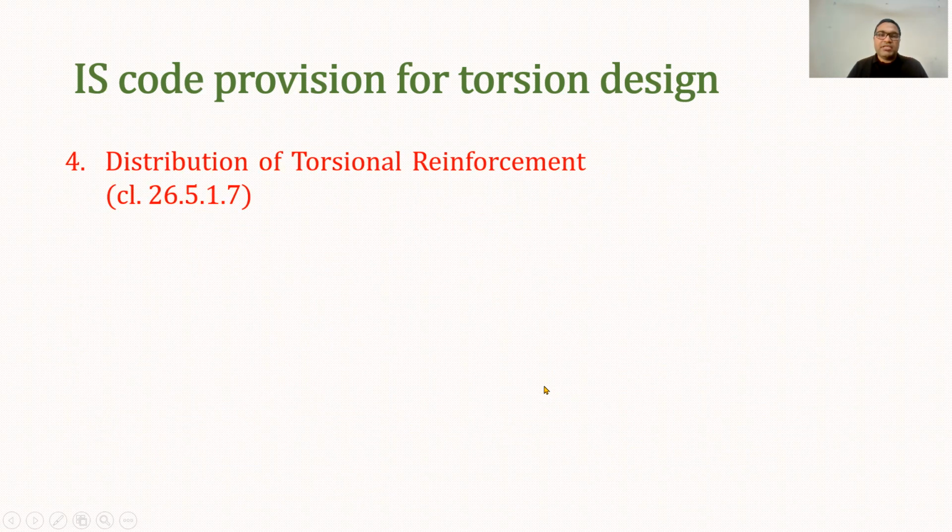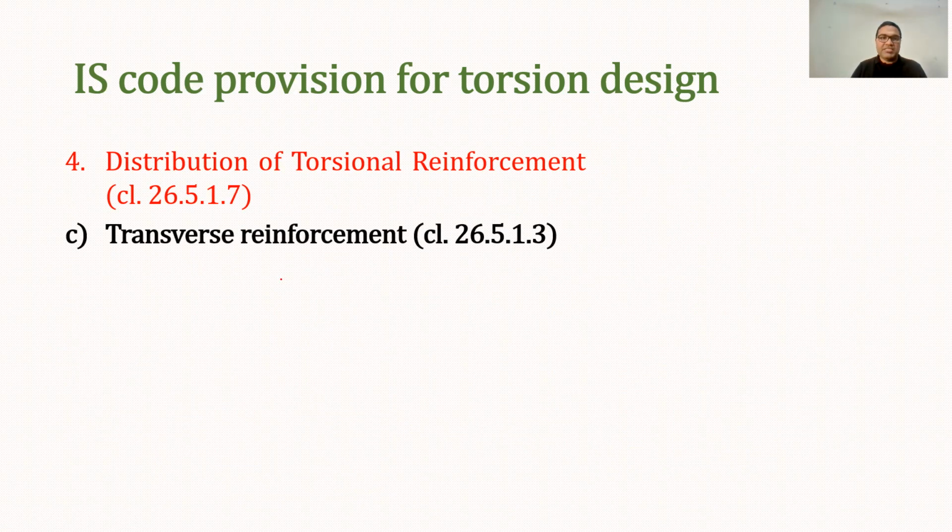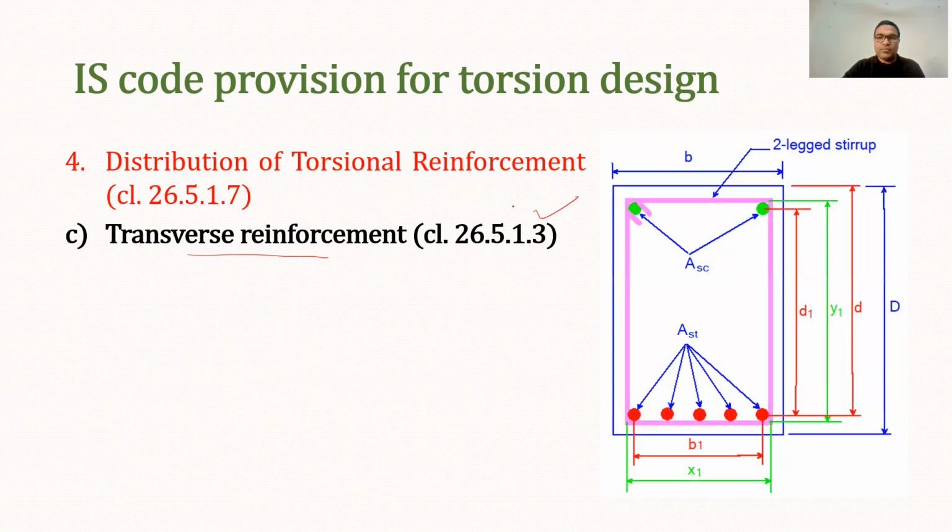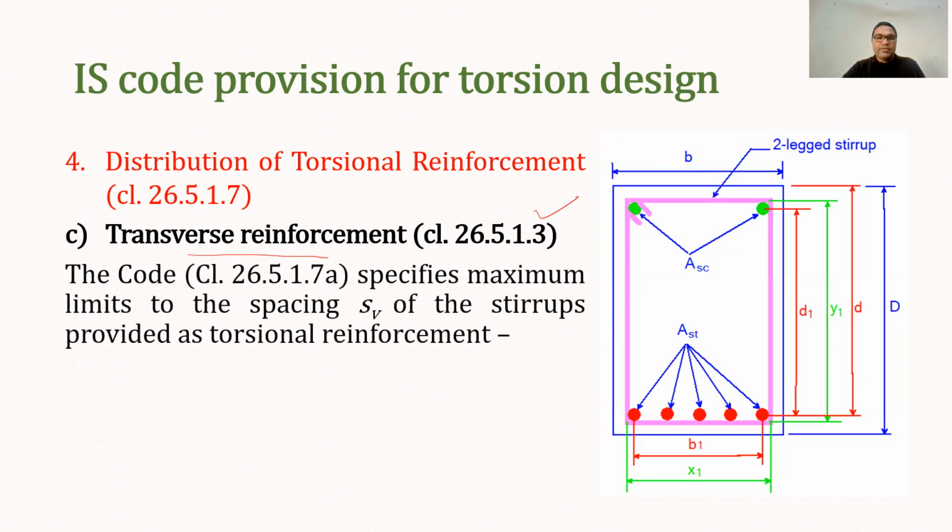After that, we will see the distribution or spacing of torsional reinforcement. Spacing of torsional reinforcement refers to the transverse reinforcement, that is the stirrups. What the limit on the stirrups should be is given in this clause. Again, the code specifies maximum limits on the spacing Sv of the stirrups provided as torsional reinforcement.